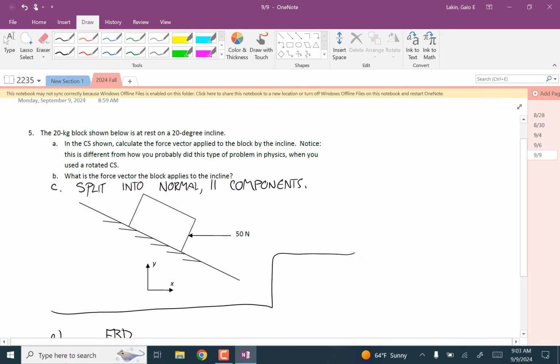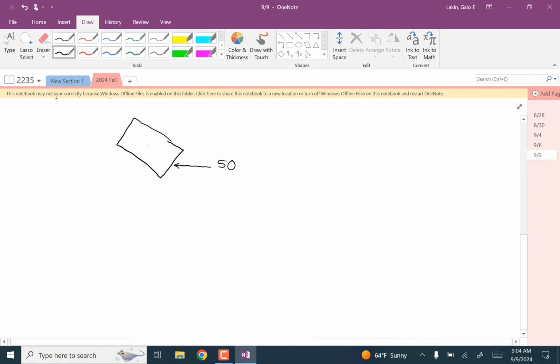We have a weight force of 20 kilograms times 9.81, so 196.2 down. And then this is a friction contact. So the rules for friction contact are an unknown force vector. We don't know either component. I'm just going to call this R. And then that's it for the free body diagram.